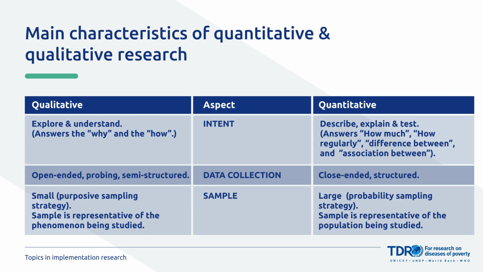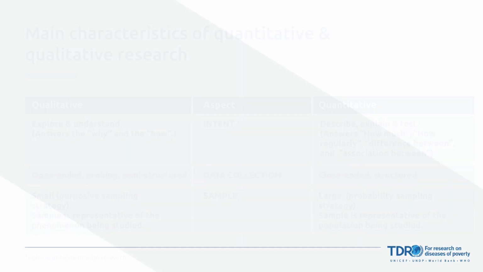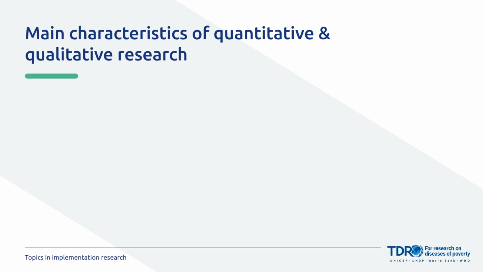Qualitative research aims at gaining in-depth understanding of a phenomenon, or exploring a new phenomenon, and answers the how and why questions. Qualitative studies are excellent for understanding people's beliefs, experiences, attitudes, behaviors, and interactions.